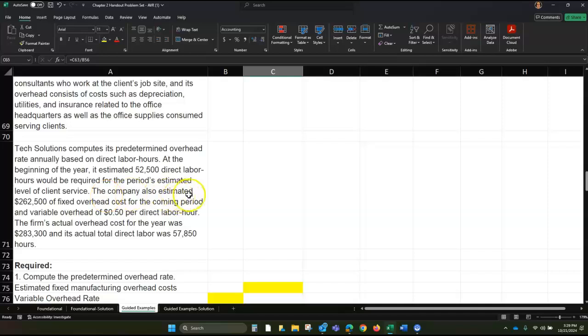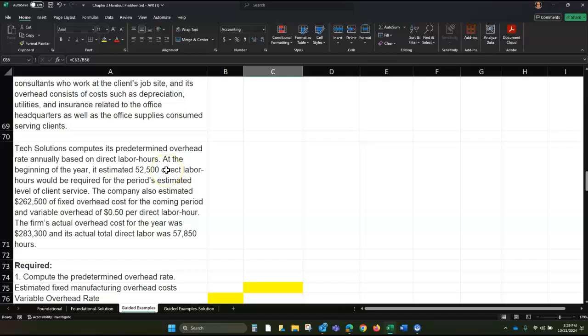Continuing on, the company also estimated $262,500 of fixed overhead cost for the coming period and variable overhead of 50 cents per direct labor hour. So think about what's going on there. There's our fixed overhead, and then 50 cents per direct labor hour, and that 50 cents per direct labor hour was based on the 52.5.